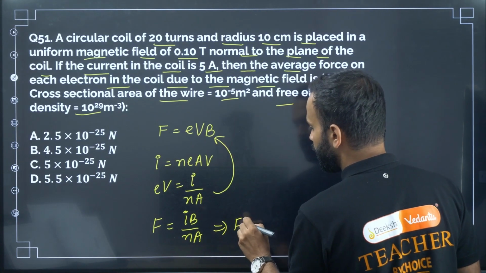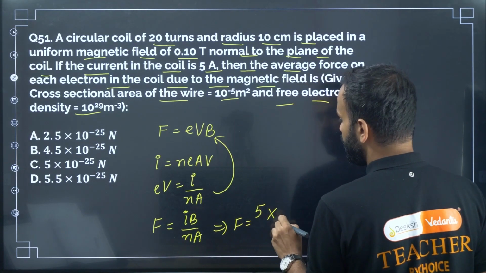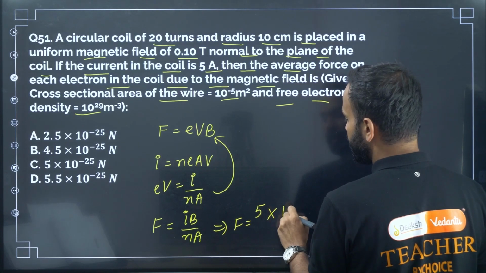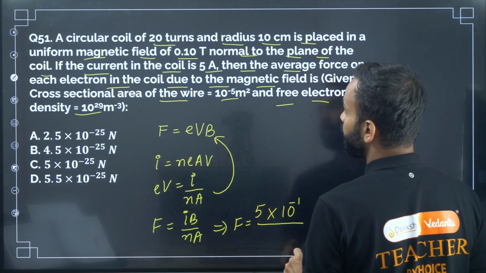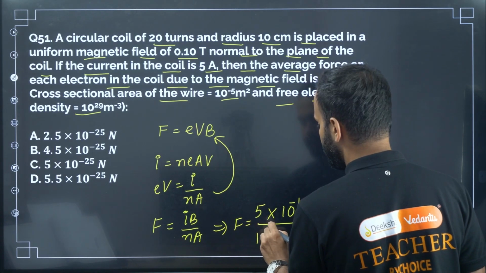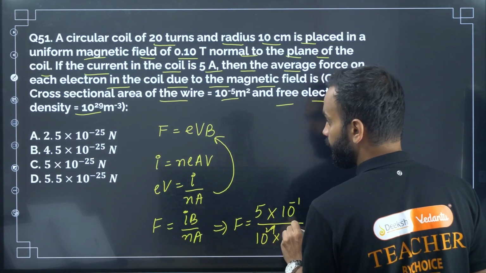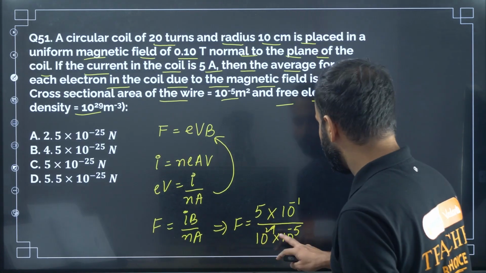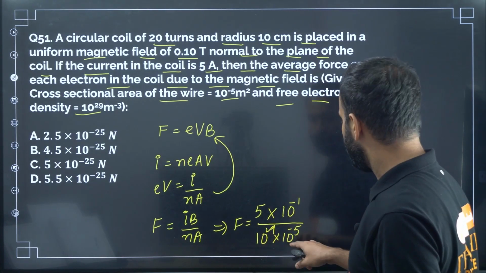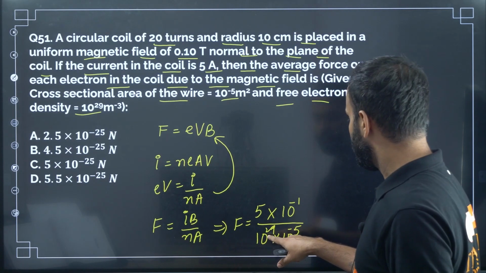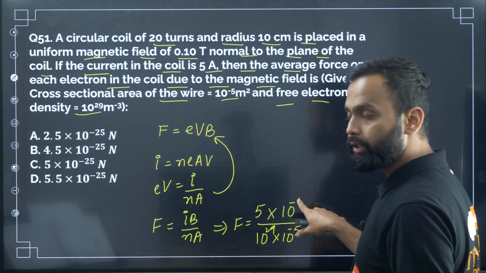So now F equal to I is 5 ampere, B is 0.1 Tesla, that is 10 to the power minus 1, divided by N is 10 to the power 29, A is 10 to the power minus 5. So this is 10 to the power 24 in the denominator.